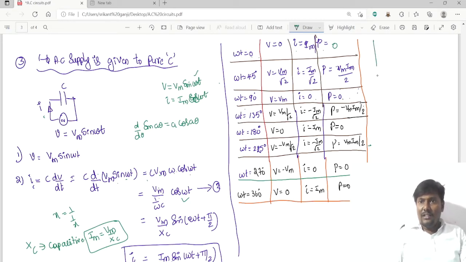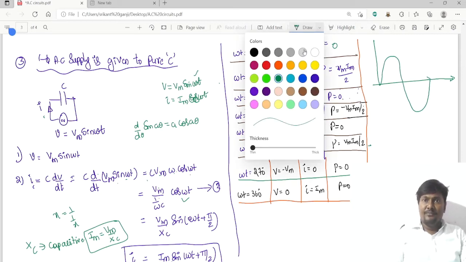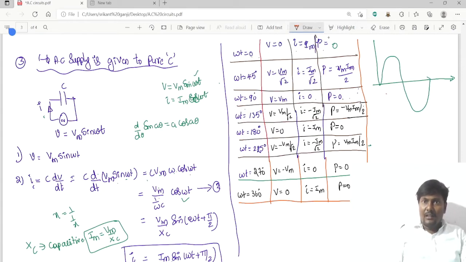So if you draw the waveforms, this is the voltage waveform I am drawing for one cycle. You should draw the voltage waveform like this: 0, 180 and 360, and this is 90, and 180 plus 90 is 270 degrees.